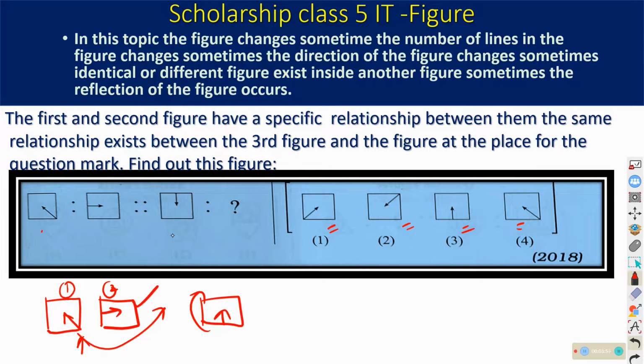The same thing we have to do with this. The given figure is this. We will shift this to the corner as a method. So it will come here. Then we will rotate this. When we rotate this, naturally this corner arrow mark will go here, and our answer is this.